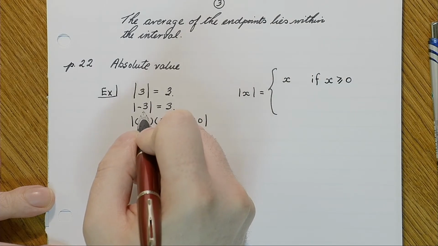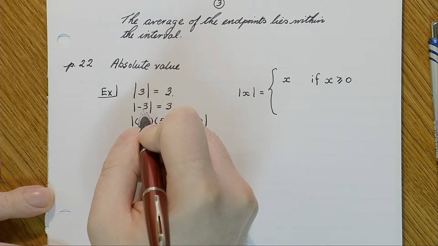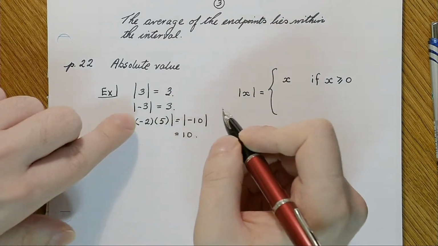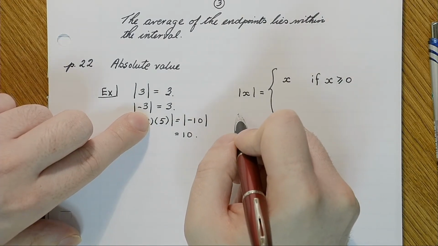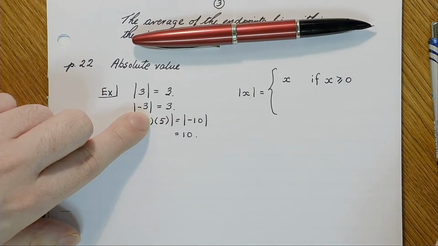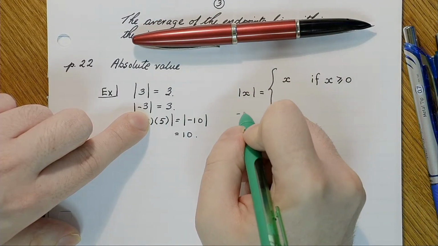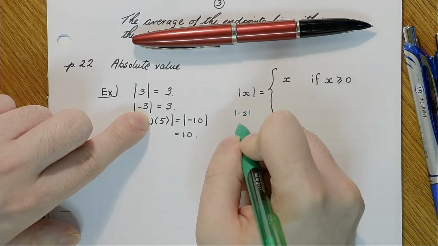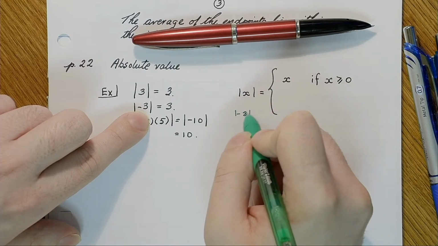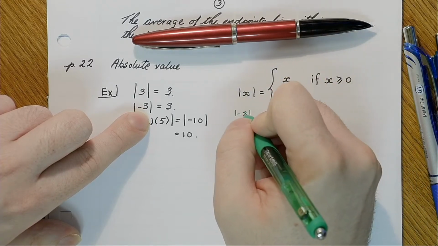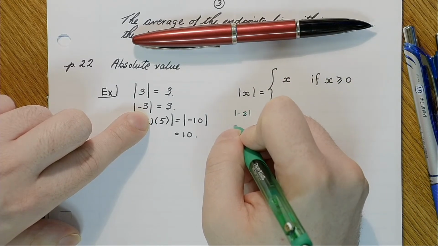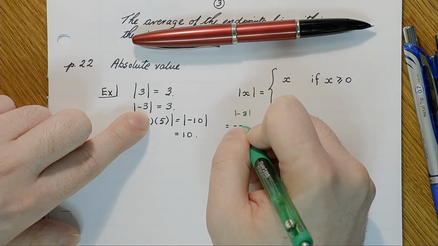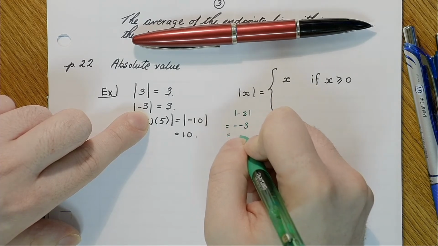Similarly, if I have a negative, this is called my x here that I'm going to pass in. So in this case, I have minus 3. Using my original thing here, I want to make this equal to minus 3, and that becomes 3.